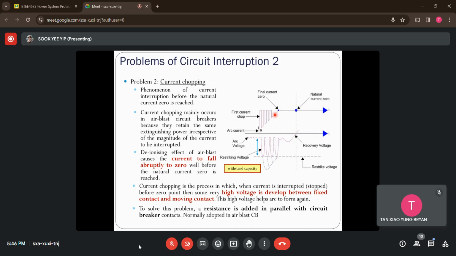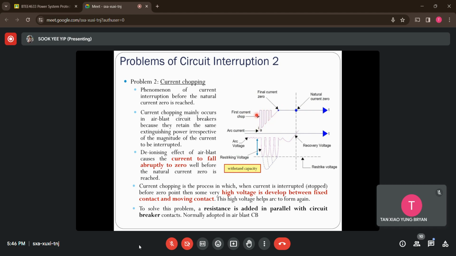Once the contacts of the breakers have been opened, we are expecting the current to fall to zero. But before it falls to zero naturally, there is a sudden drop to zero due to the air blast. Like this case here, this is the first current chop. So second, third, and fourth.